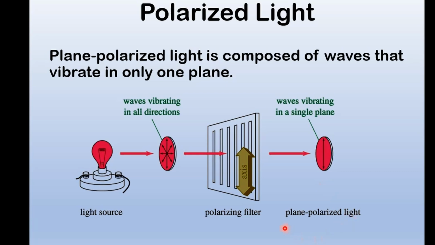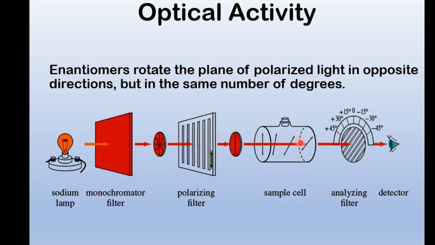So now we have what's known as plane polarized light. So you put in an enantiomer here. And it says here, enantiomers rotate the plane of polarized light in opposite directions, but in the same number of degrees. So if we just have one enantiomer, not a racemic mixture, we put it in the sample cell, turn on this light, and notice we have little slits just like this one.